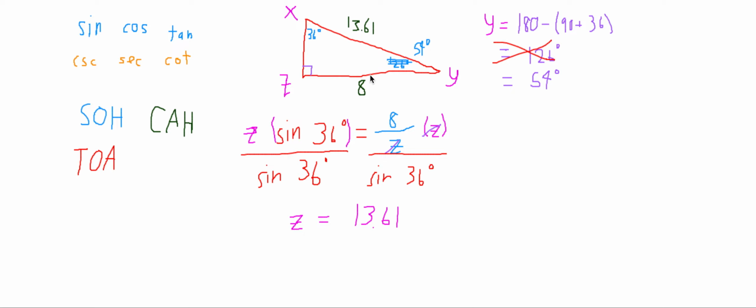And now we want to solve for the remaining side here. Now it's best not to use the side that we just got because it isn't really accurate unless you use the 8 divided by sine 36 degrees, but things will get complicated right there. I think it's much better to use another trig ratio here.